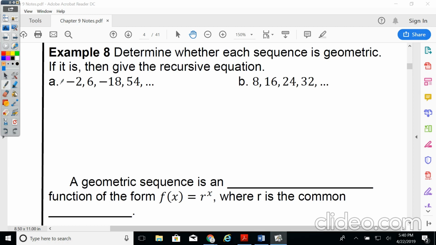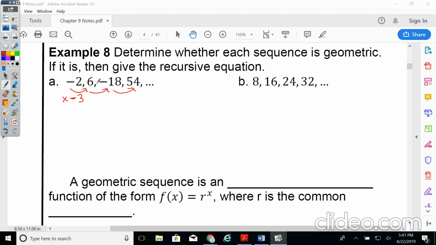So for it to be geometric, there's got to be a common ratio from one term to the other. So here, -2 times what is 6? A negative and a negative makes a positive, and 2 times 3 is positive 6. So multiply by -3.